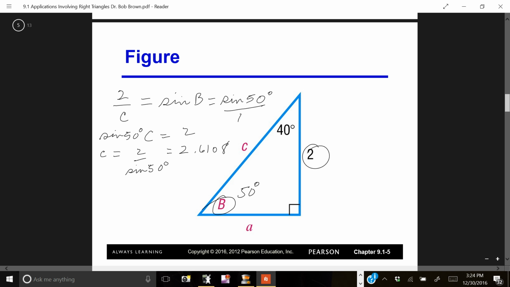Then to solve for a, we can notice that 2 over a is equal to tangent of 50 degrees. And so a is equal to 2 over tangent of 50 degrees, which equals 1.6781.